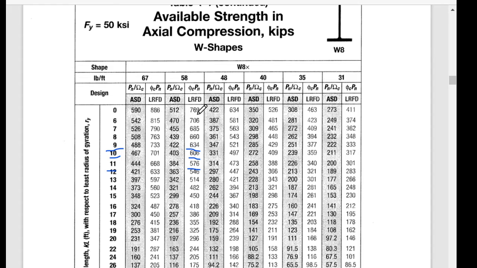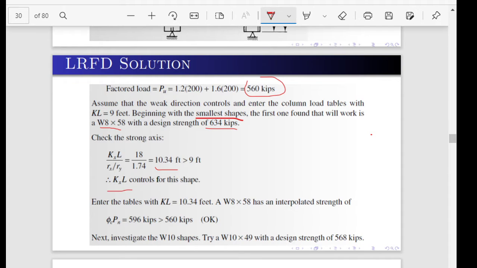The value is 595.8. Correct? By interpolation, we have this value 595.8 or 596, which is greater than the computed factored load.